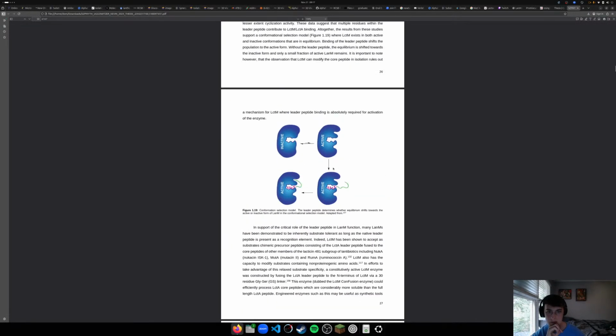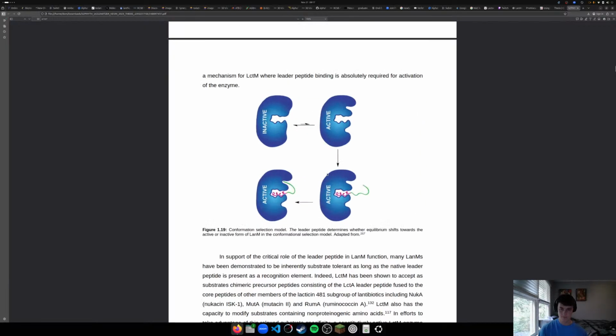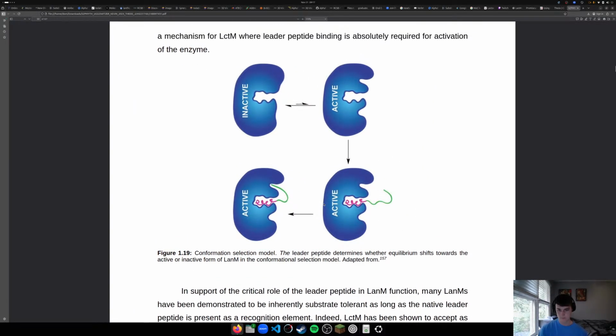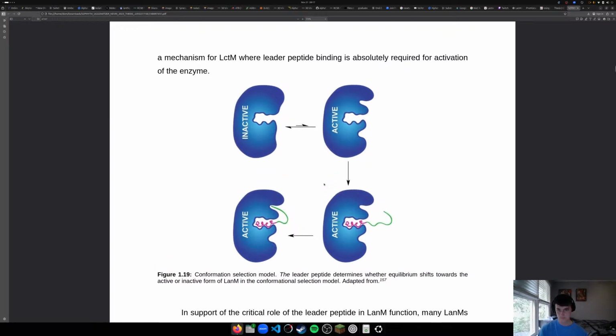Oh, yeah, that's it. There we go. Conformational selection model, adapted from 157. So maybe I should look at that.